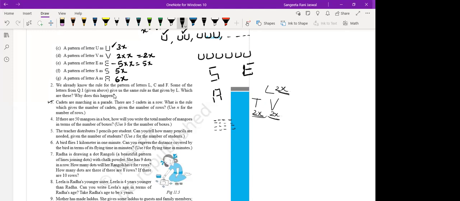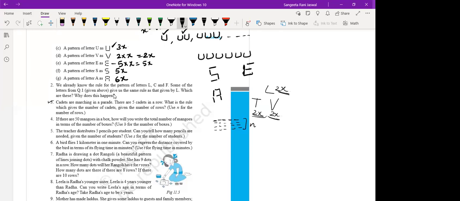There are 5 cadets in a row. Row means horizontal. What is the rule which gives the number of cadets given the number of rows n? If the number of rows is n, how many cadets will be there in total?